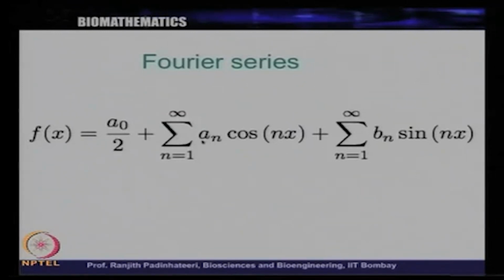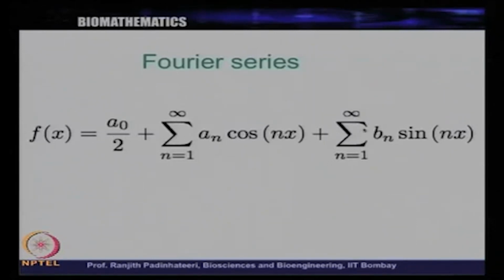We don't know what the an's are, that means a1, a2, a3, a4, we don't know those coefficients. We don't know the bn's, the coefficients of bn. We don't know what a0 is. So our aim is to find out a0, an and bn, and then we can write this function.